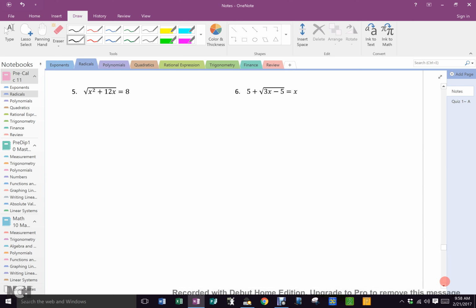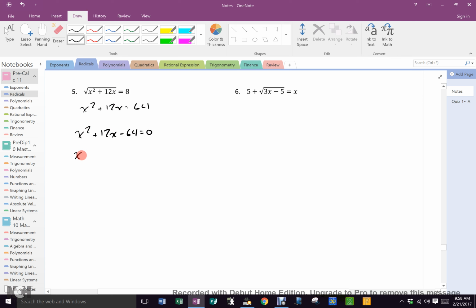Okay. Second last one. What is it? Is it already isolated? Yeah. So square both sides. Now what? Move the 64 over. Now what?